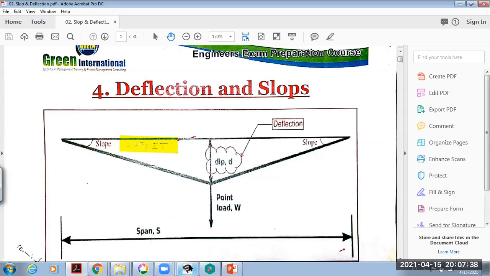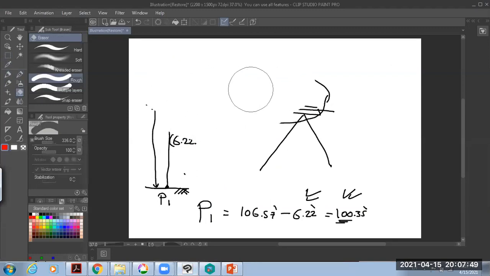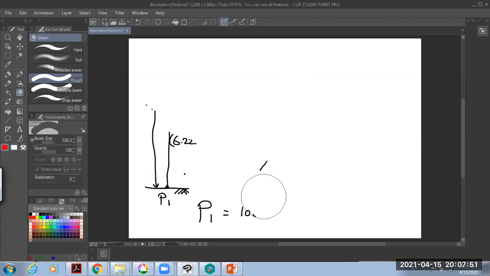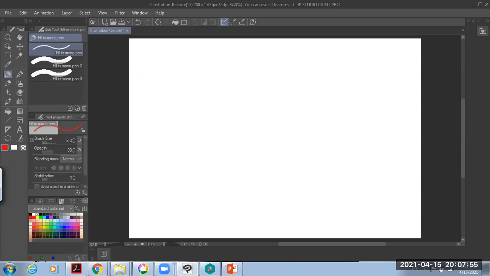If you have a particular cantilever, and this cantilever is fixed at one end, and this is a concentrated load.